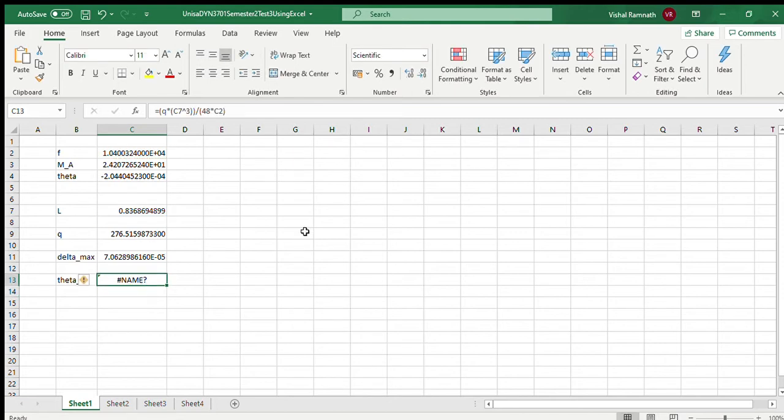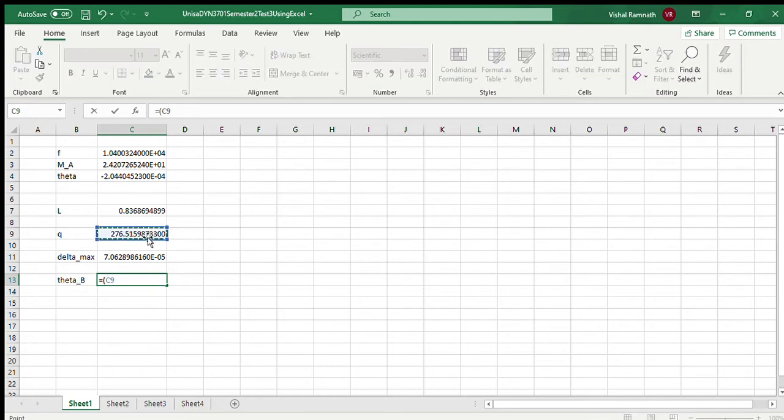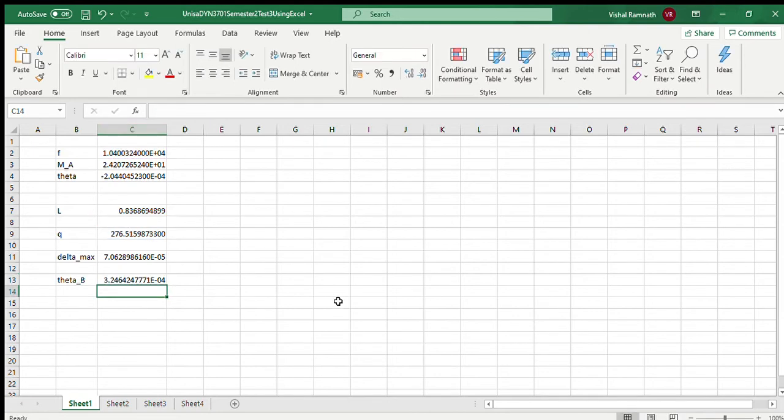Something went wrong, let's try it again. Theta is equal to, open bracket, Q times, open bracket, L cubed, close, divide, open, 48 times F, close, enter. There's our answer.